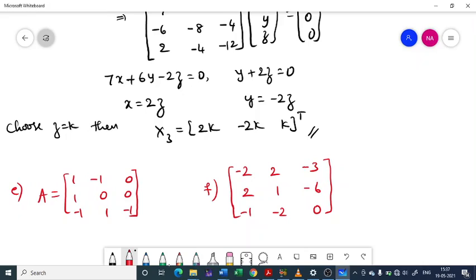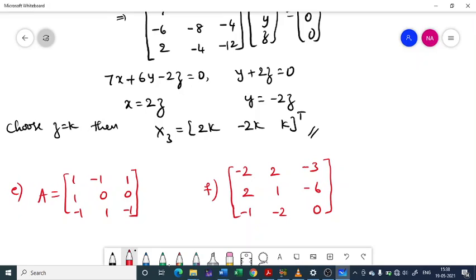And let's take one more. 1, minus 1, 1; 1, 0, 0. Okay, sorry, this is not 0, this is 1. 1, minus 1, 1; 1, 1, 0; 0, minus 1, 1, minus 1. Yes, this is over.